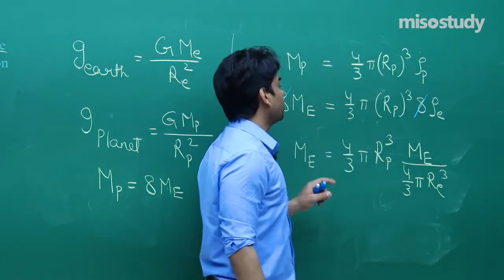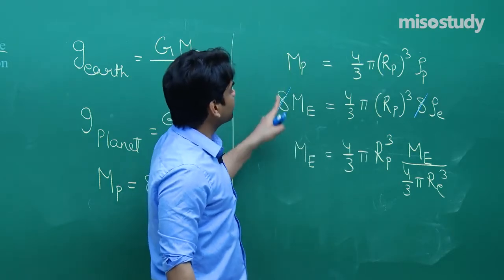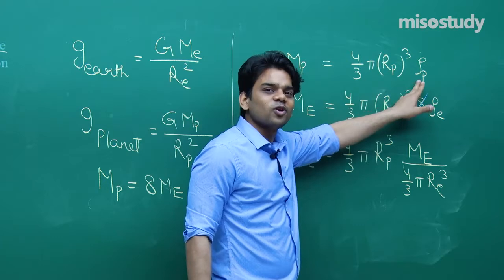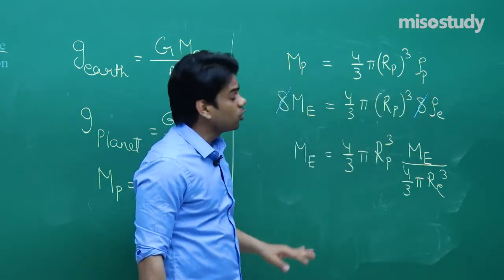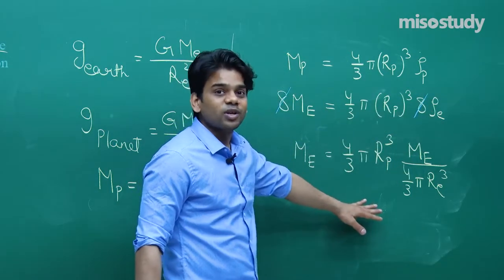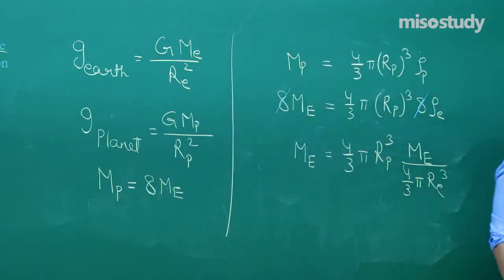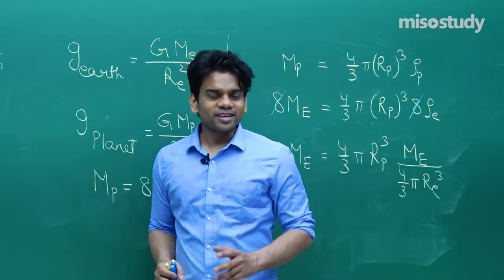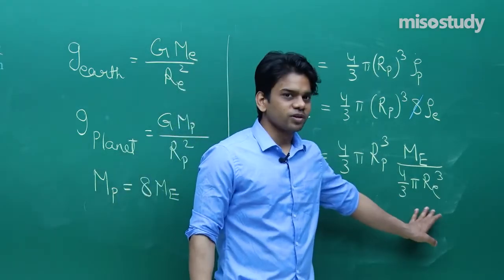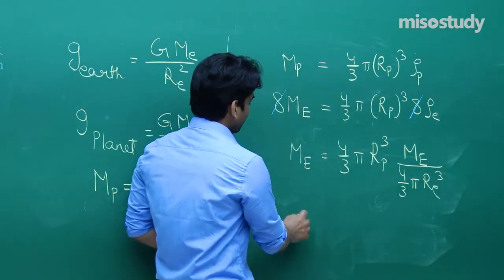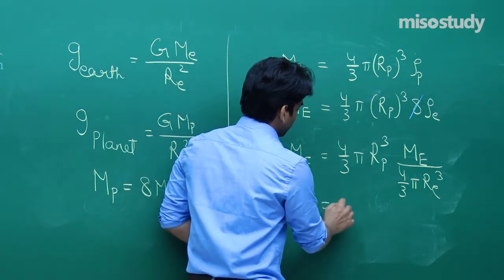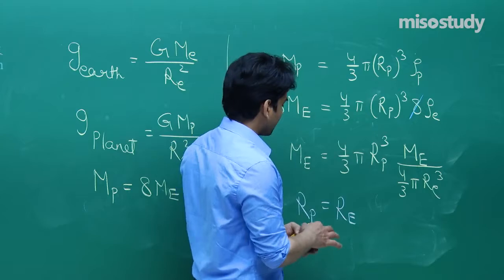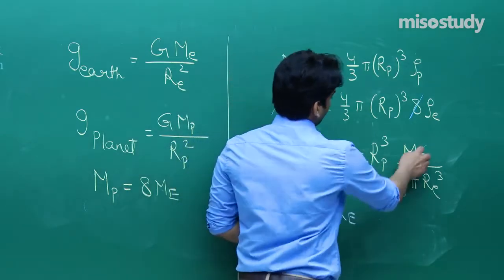This is what we know, because mass of planet is 8 times the mass of Earth and the density of planet is also 8 times density of Earth. This is what we can actually note down. So I believe that you would have taken note of this. Now easily you can identify that radius of the planet is equal to radius of the Earth. So I can write that radius of planet is equal to radius of Earth. This is what we can easily note down, because rest of the terms will be cancelled out. You can see m of Earth, m of Earth will be cancelled out.